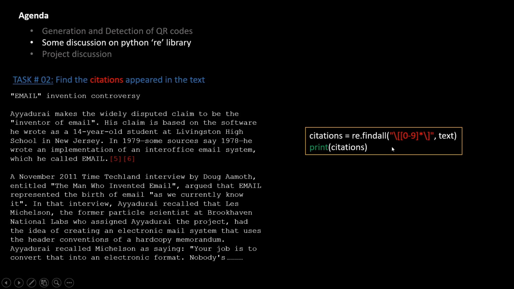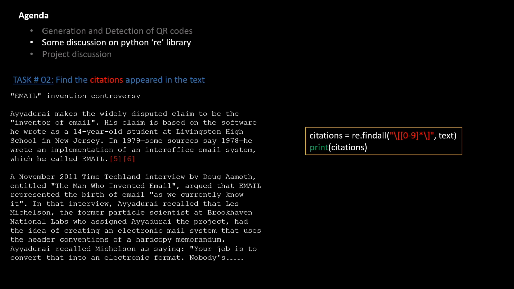So what this regular expression says is, this backslash square bracket says that you are looking for a pattern which starts with a square bracket, and this backslash closing bracket says that your pattern should end with this closing bracket. And in between the opening and closing brackets, there should be digits from 0 to 9 repeated any number of times.